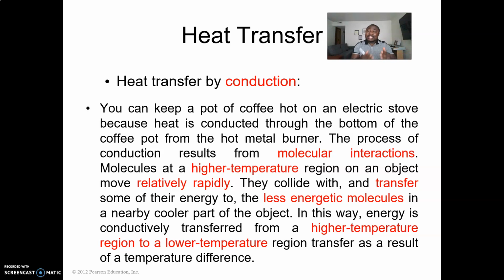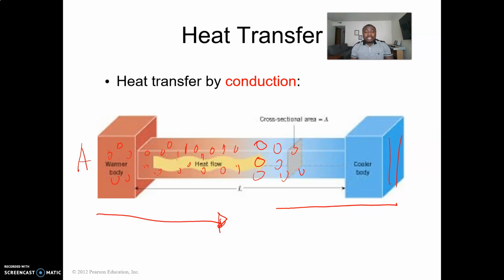So like I said, it takes place from a region with a higher temperature to a region with a lower temperature. The example is very clear. You see that A is heated up, it's a warm body. Atoms of A are heated up, and they begin to vibrate and interact with each other, and those vibrations cause the particles to move and collide with one another.